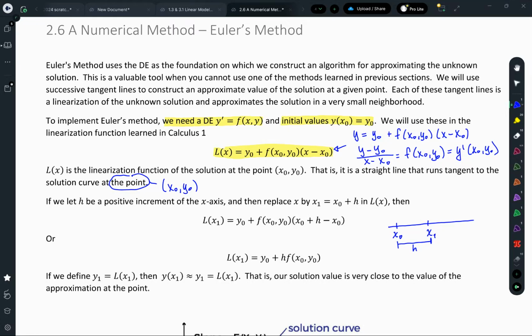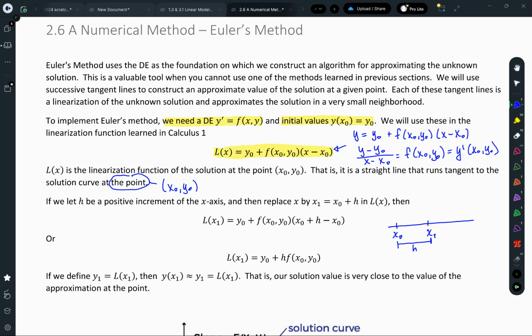And so if we do all those replacements, then what we get here is the linearization function evaluated at x1 is equal to y naught plus the derivative function, the dy dx function, f, evaluated at x naught, y naught, times x naught plus h, so that's replacing our x value, minus x naught.